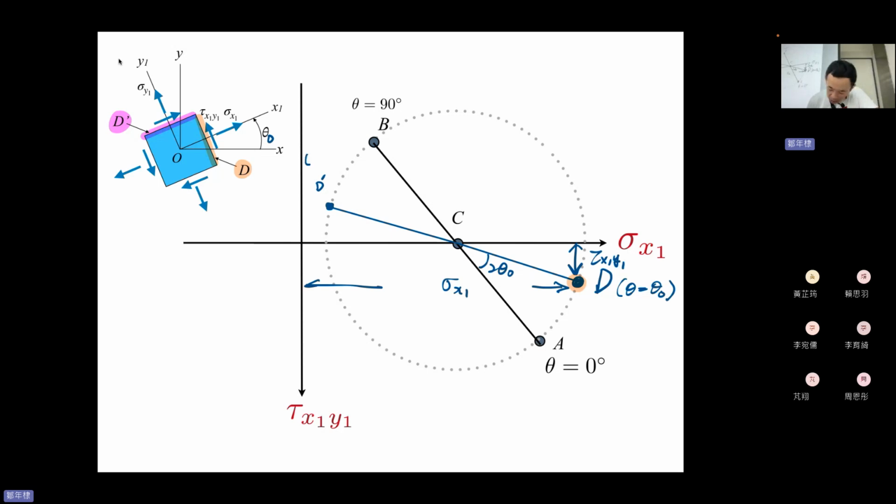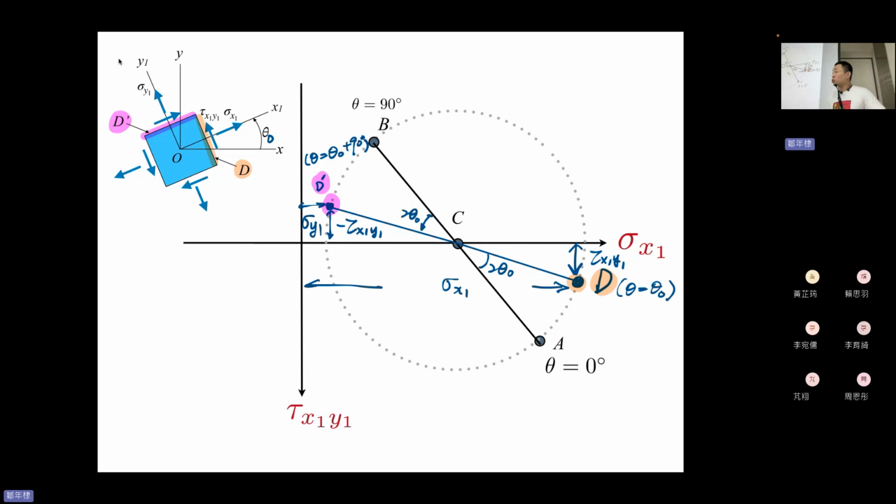And of course, this is theta equal to theta 0 plus 90 degrees. Okay? And of course, it starts here from 2 theta 0. And that is negative tau x1 y1. And this is sigma y1. Okay? So that's how you get the value. Not difficult at all.